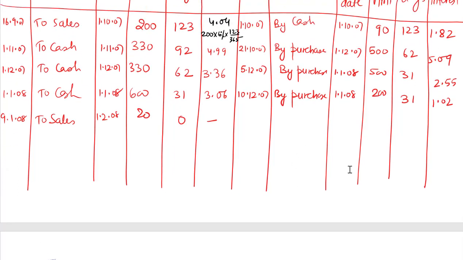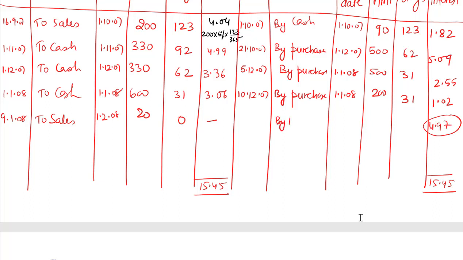Calculate balance of interest. 4.04 plus 4.99 plus 3.36 plus 3.06. It is 15.45. It is 15.45 over here. Balancing figure 4.97.